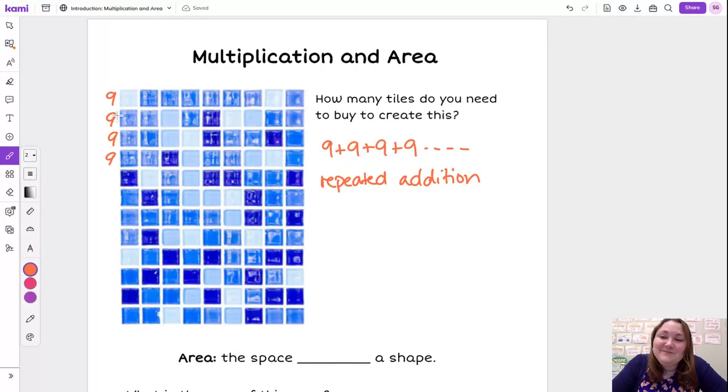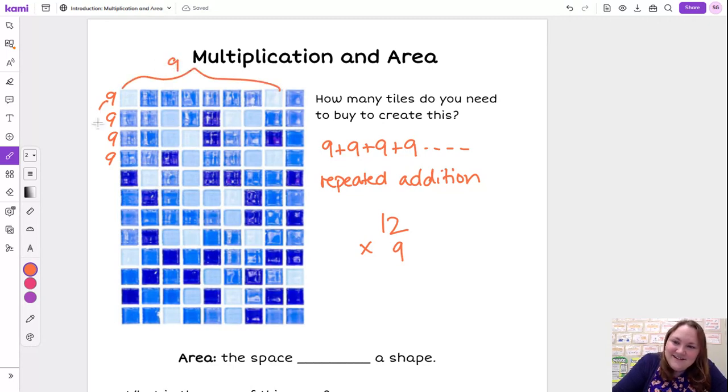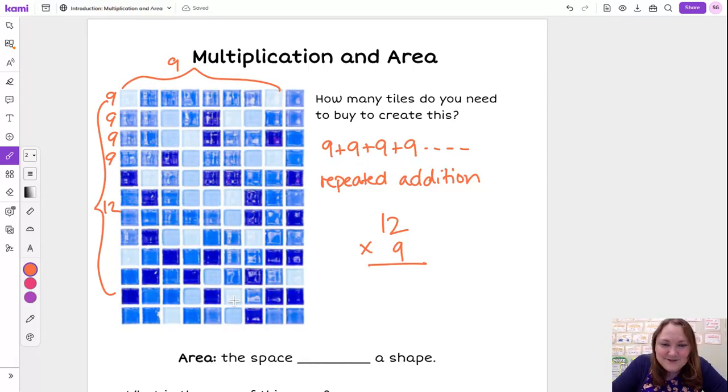Instead of doing 9 plus 9 plus 9 plus 9, 12 times, we can just do 12 times 9, because on this side there are 9 and on this side there are 12. And when I do that multiplication, it will tell me how many total blue squares there are in that picture.